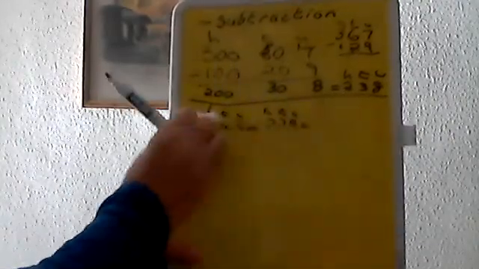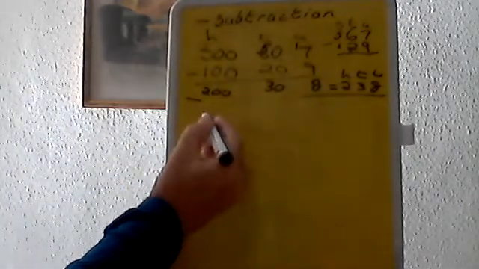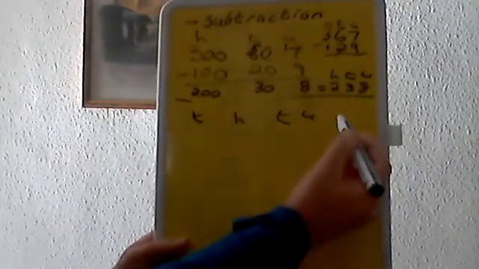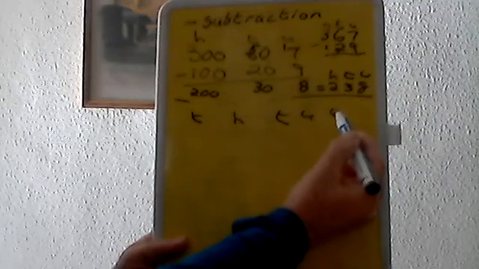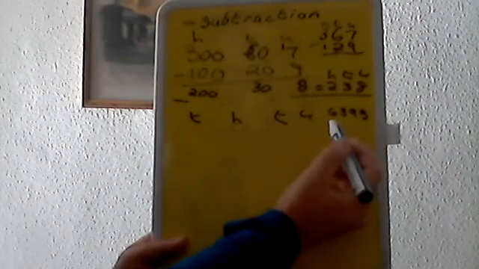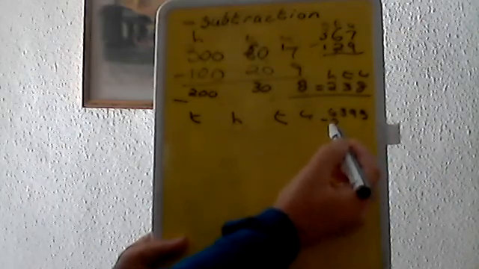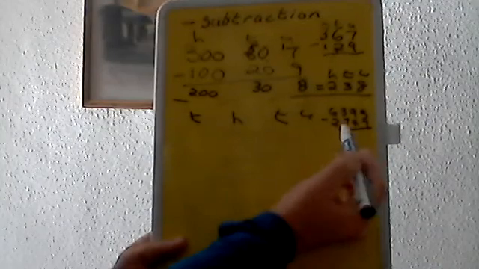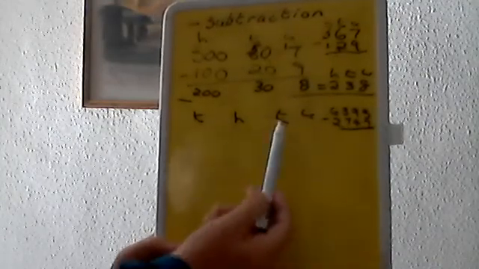I'm going to do one with thousands on it. Thousands, hundreds, tens, units. And the problem we want to solve is 6,393 minus 2,747. That's our problem. But we're going to do it in this long method.